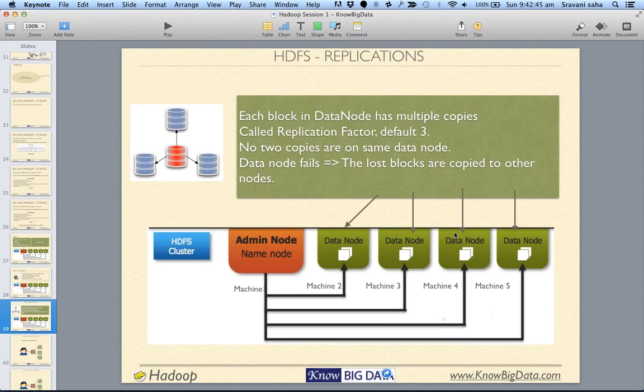And to rebalance that replication factor to 3, another data node will get the copy of the same blocks, and again whatever was lost as part of the data node will be available. All right.